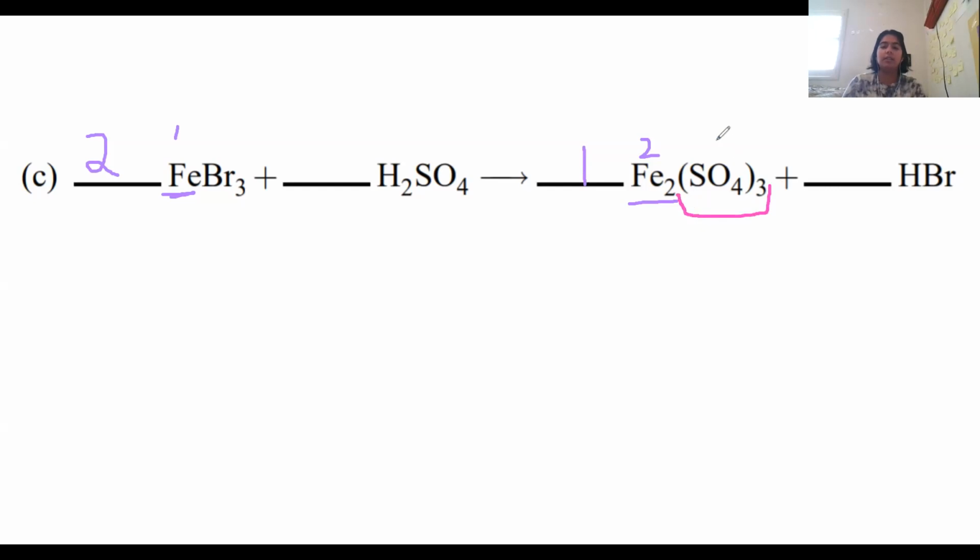So I see something in parentheses multiplied by a 3 as a subscript. So what this means is that this 3 right here applies to every single thing in the parentheses, every single element or molecule in the parentheses.